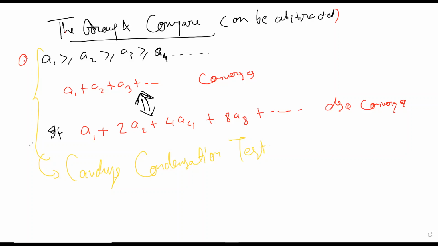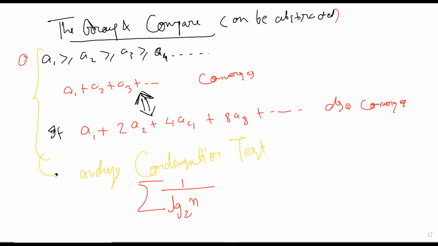But this is also useful in certain series where the terms may not be simple, but the 2 to the power ith terms may be simple. So if you have a series like 1 by log 2 base n, let's just do this as a problem and then we can understand the importance.